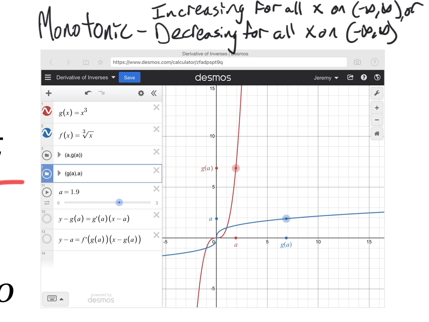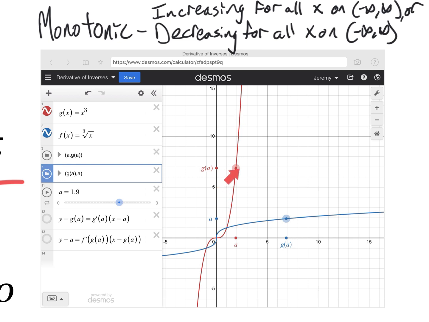Now, let's think about this. Suppose we want to find the derivative of this red line, and we're not very familiar with it, but we are familiar with the derivative of the blue one. So let's find a tangent line, because we know the derivative is the slope of the tangent line.